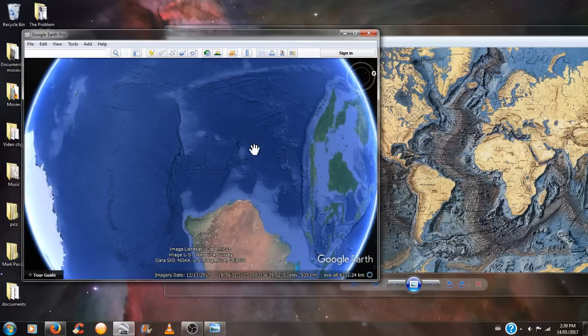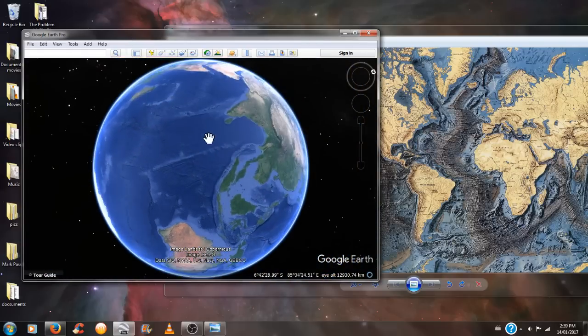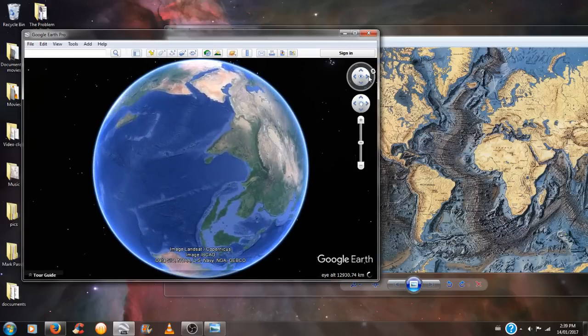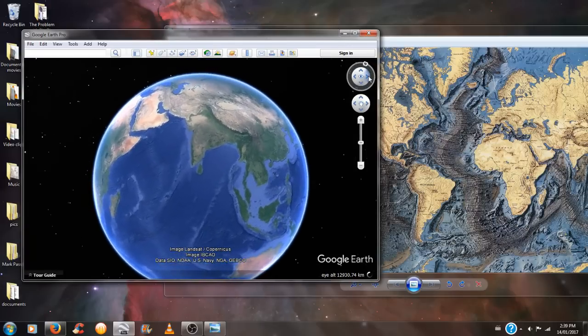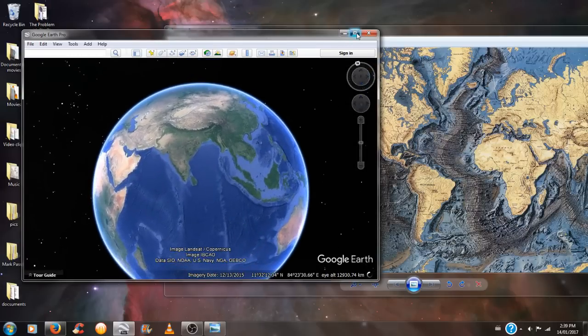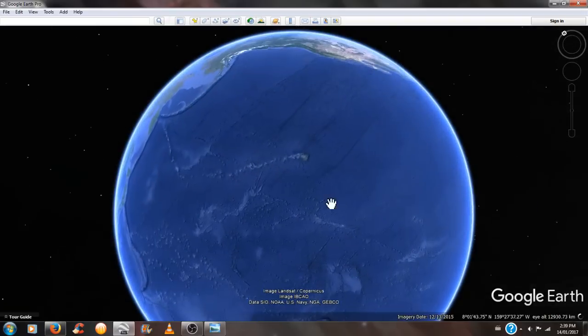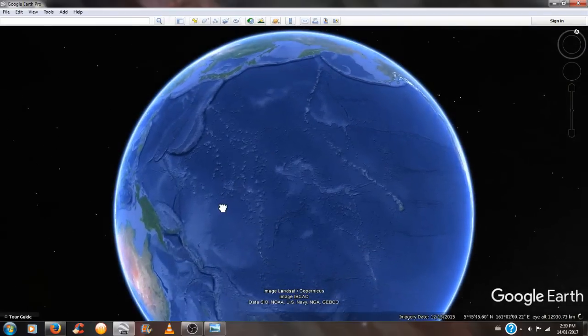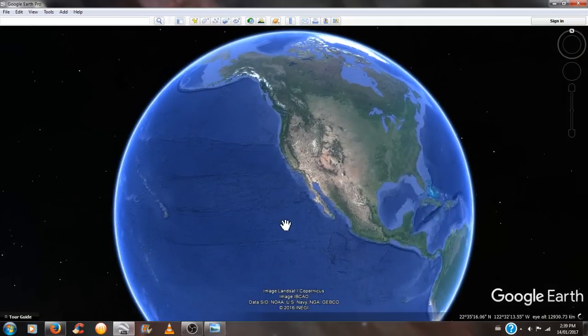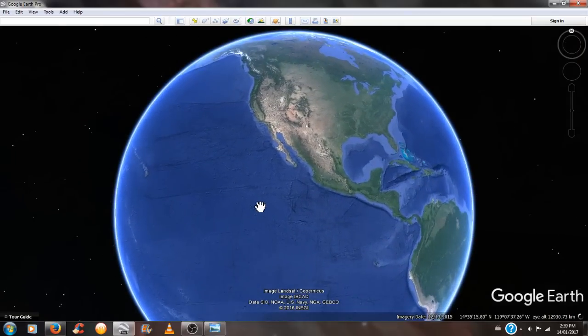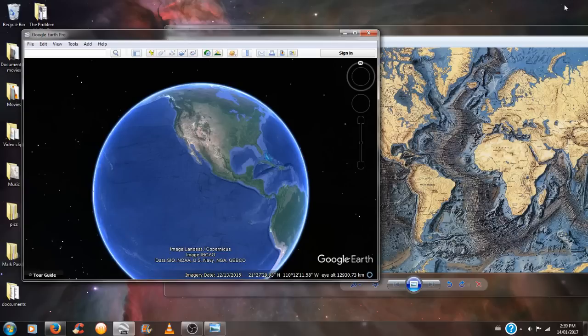Let's back out a bit and turn it around. I'm getting better at navigating Google Earth here. It was extremely difficult before. So let's compare.